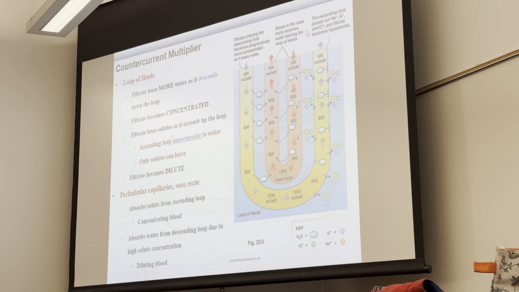So as the solutes are leaving, they definitely have an opportunity to go to the medulla, but they also have an opportunity to enter the lower osmolarity portion of the vasa recta.